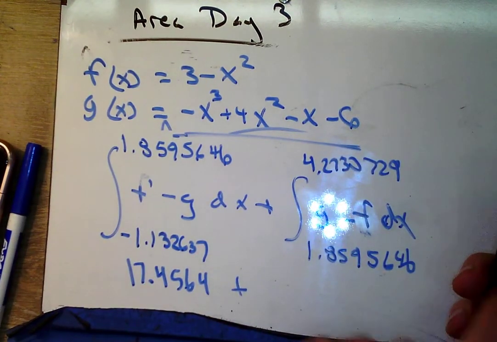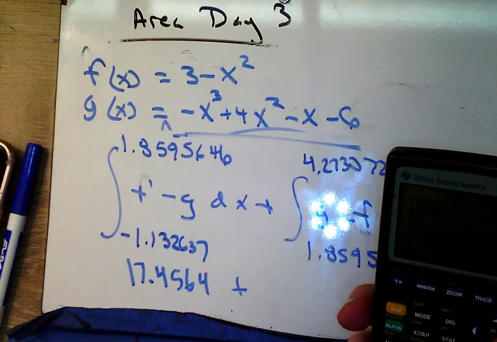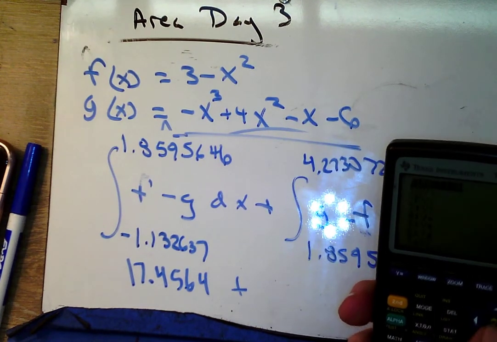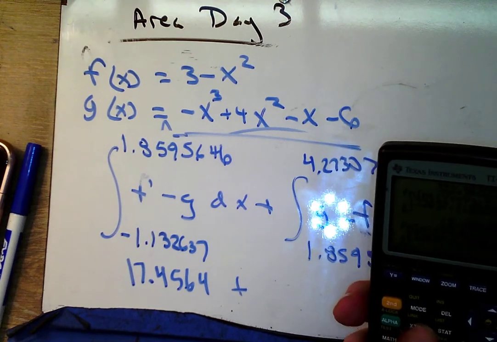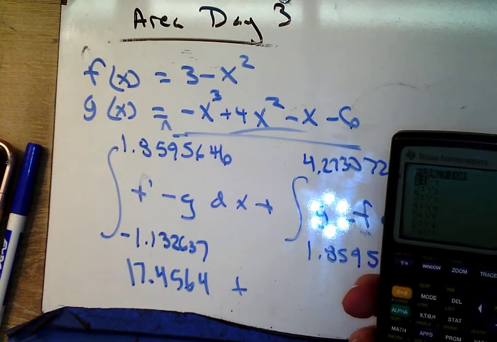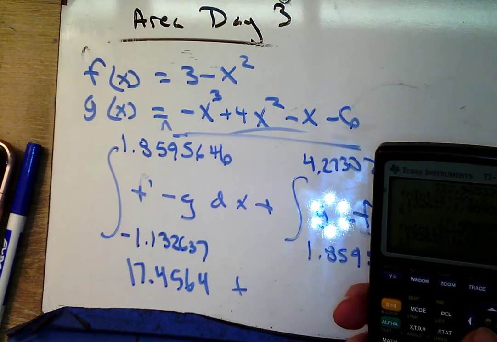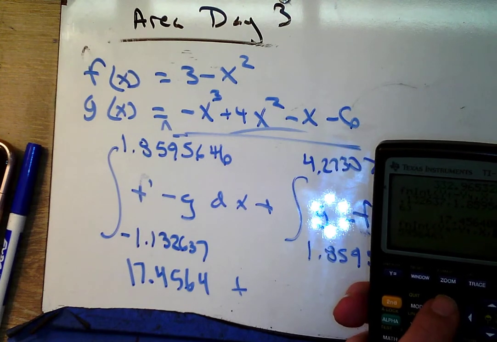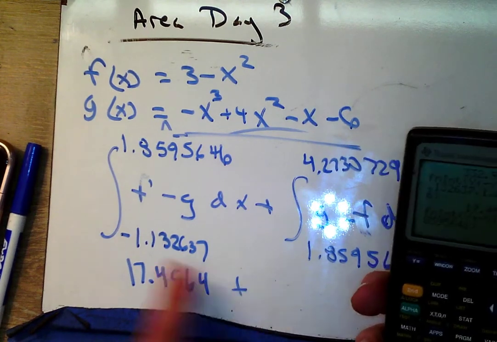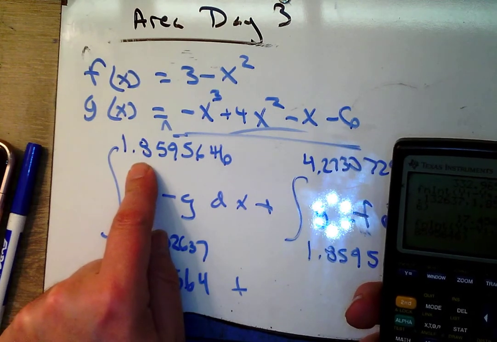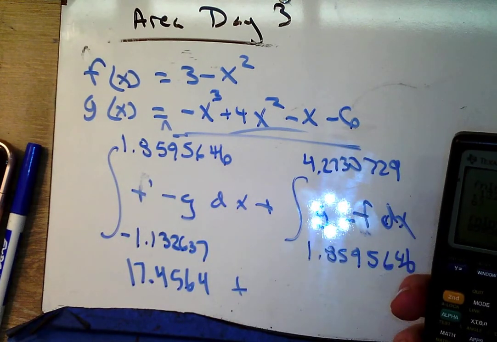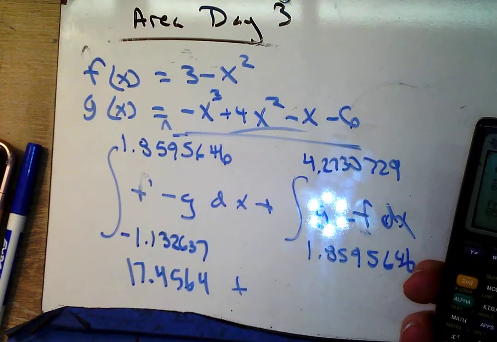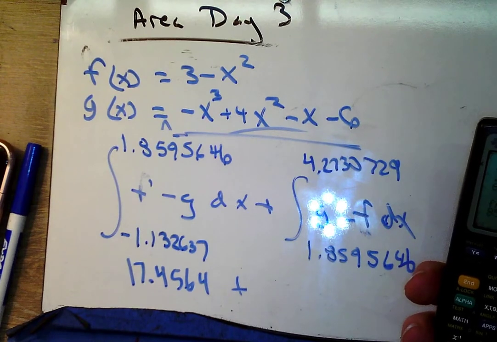And what about this second integral? For the second integral, we're still, oh no, we're not. We're going to do y4 this time minus y1. And we want to go from 1.859, good, until we get to this other point, comma 4.2730729.